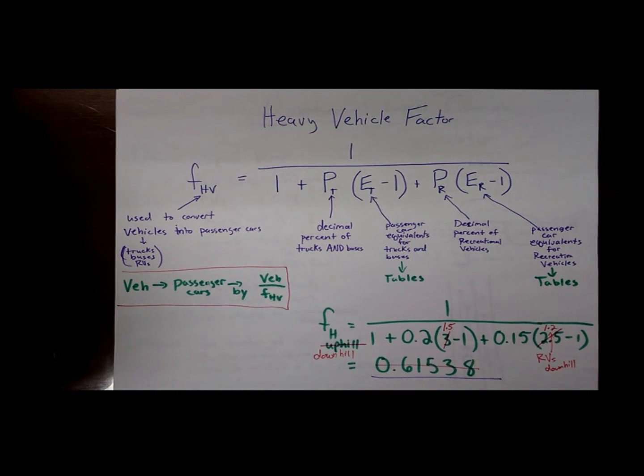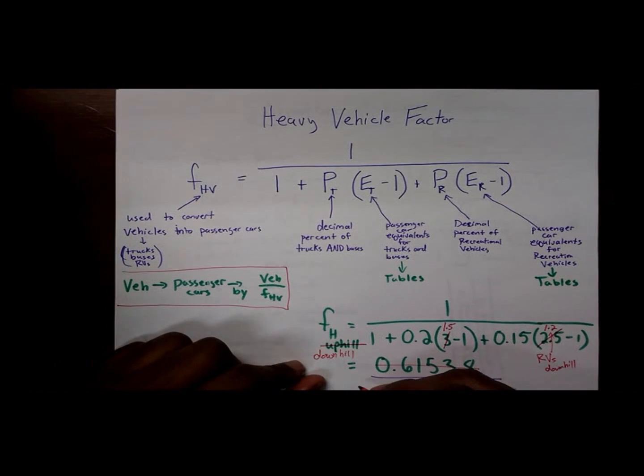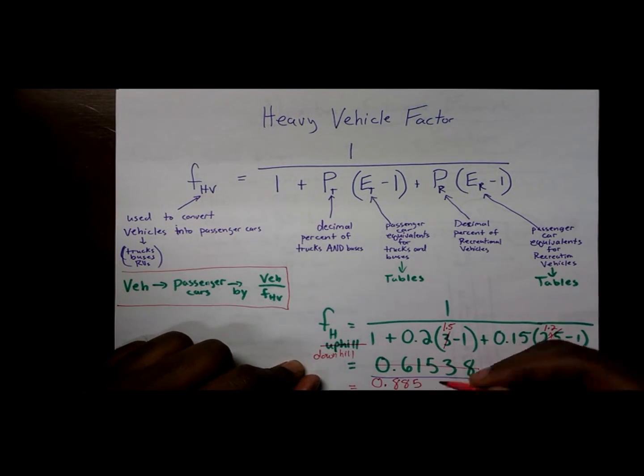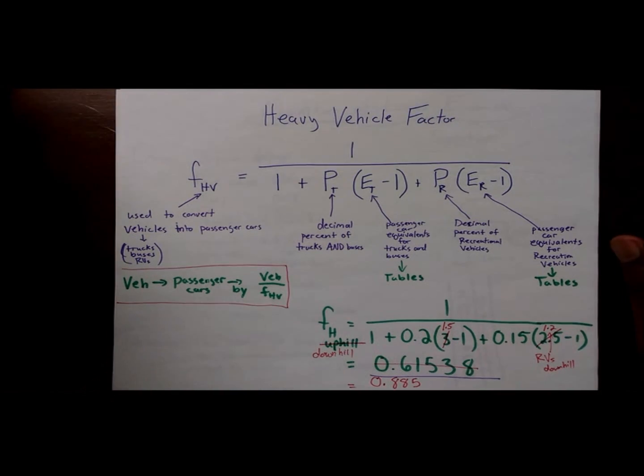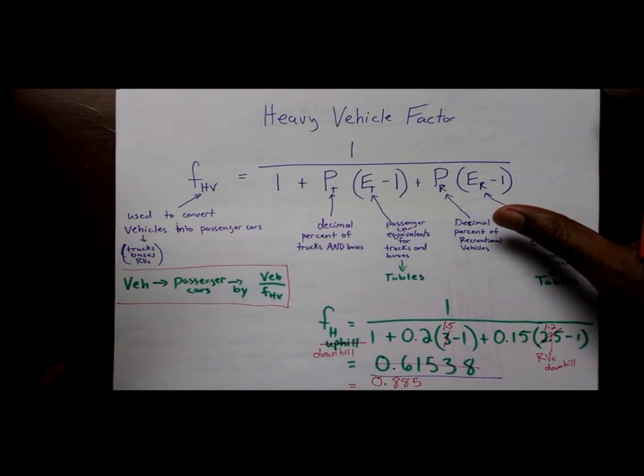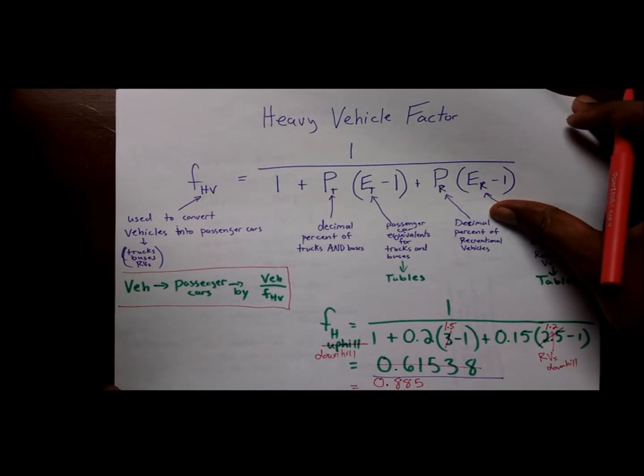So with that, we ended up calculating that the new heavy vehicle factor for downhill is going to be equal to 0.885. And so that number is going to be placed in the new number of lanes equation.